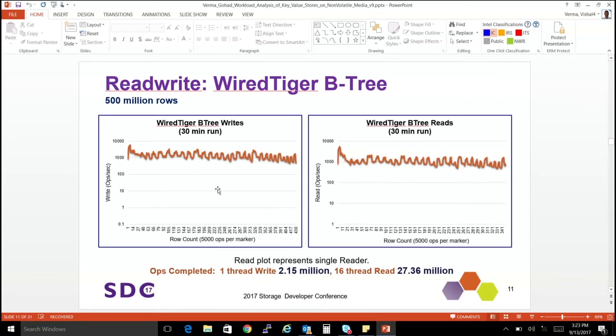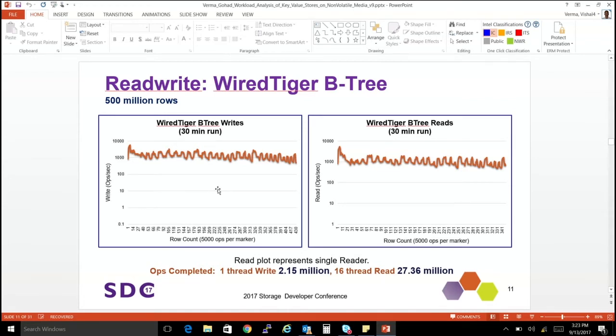For the 30-minute run, the x-axis is showing row count, which is 5,000 ops. So every 5,000 ops, we get a data point. Across 30 minutes, this shows how many operations we did and how it performed over time.